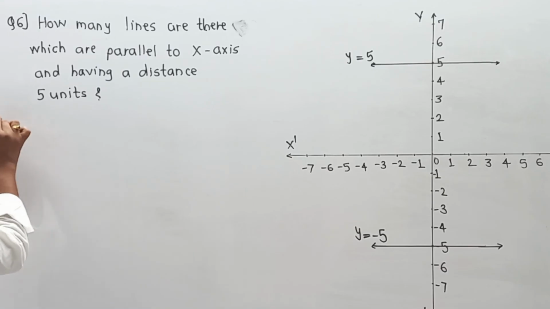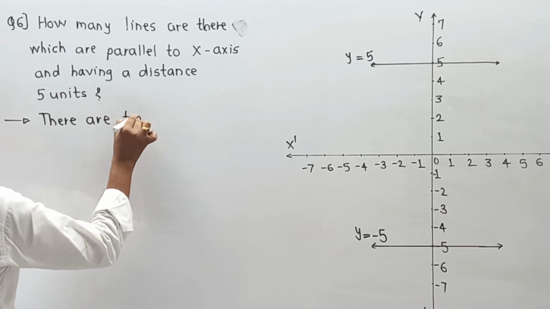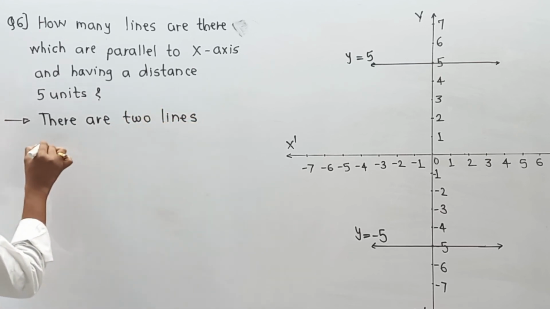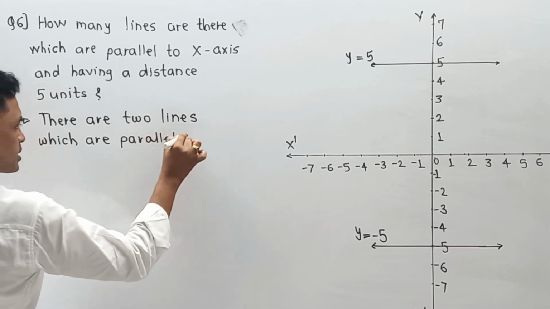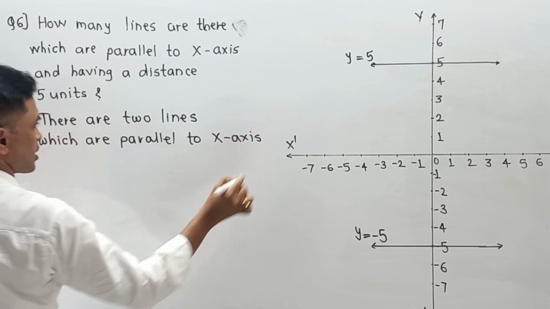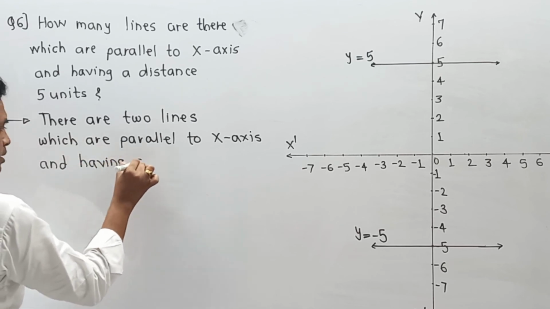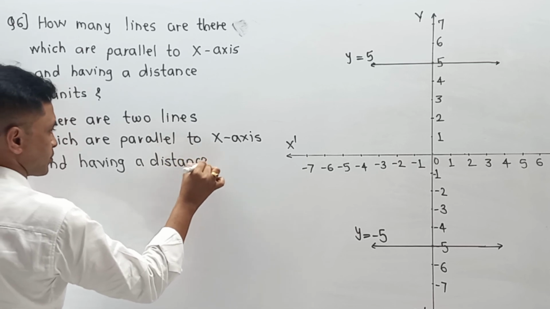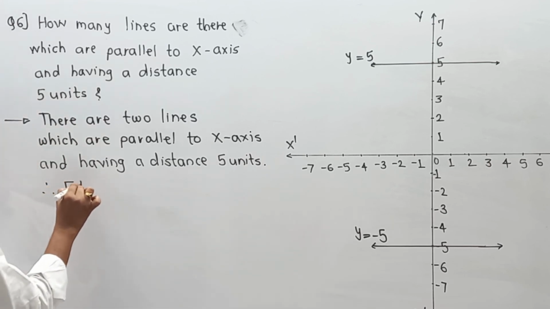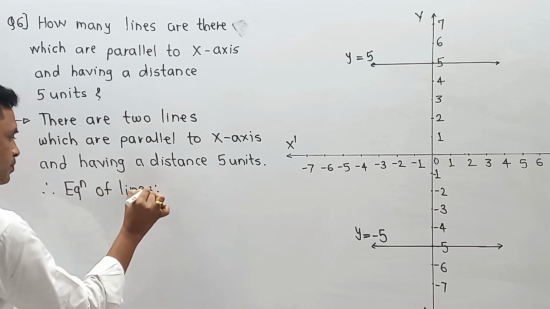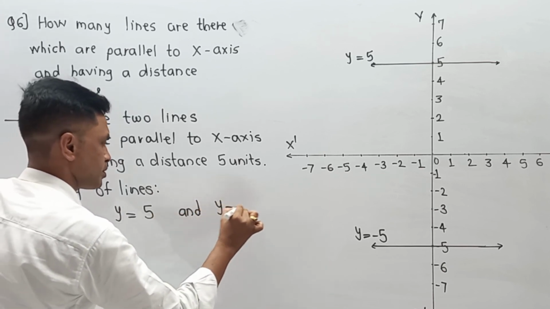So as per the condition, there are two lines which are parallel to the x-axis and having a distance of 5 units. Next, the equations of the lines: y is equal to 5 and second, y is equal to minus 5.